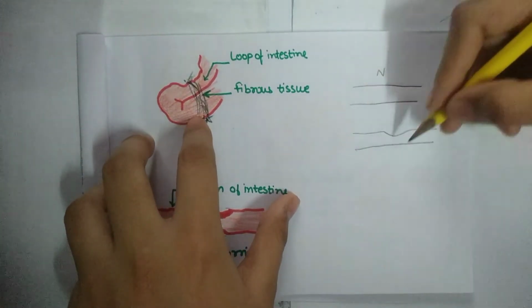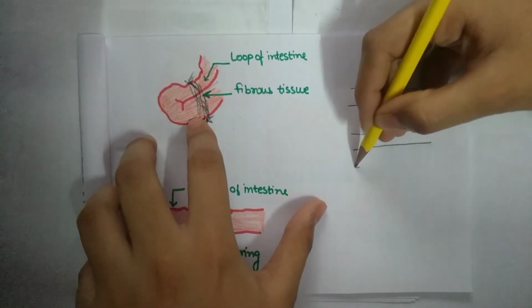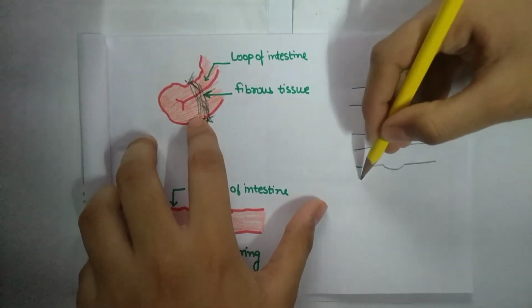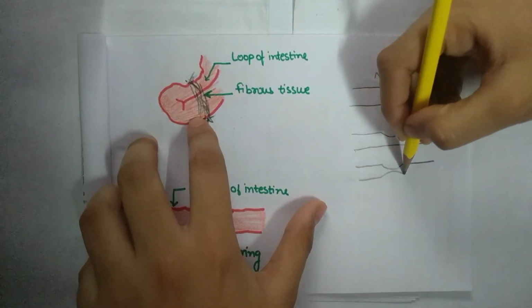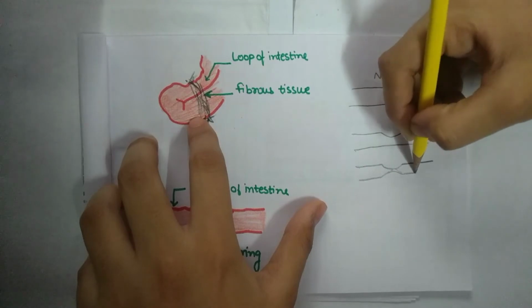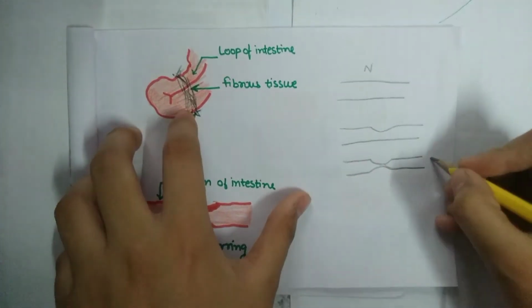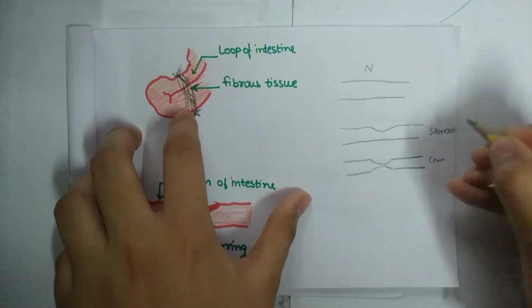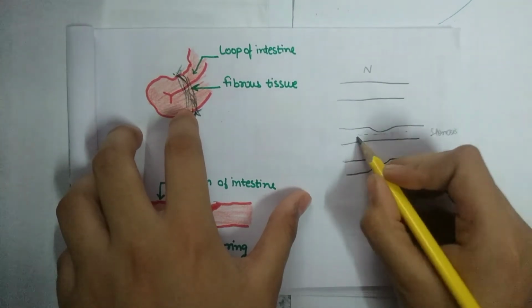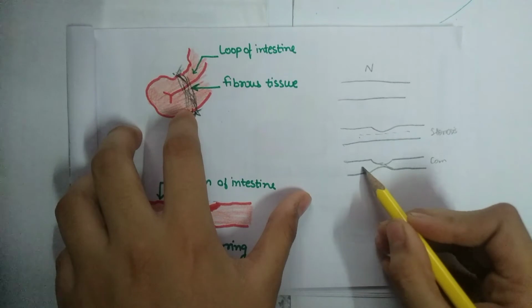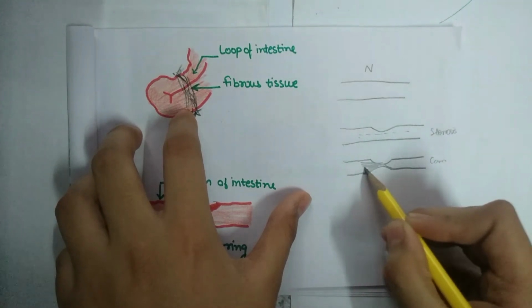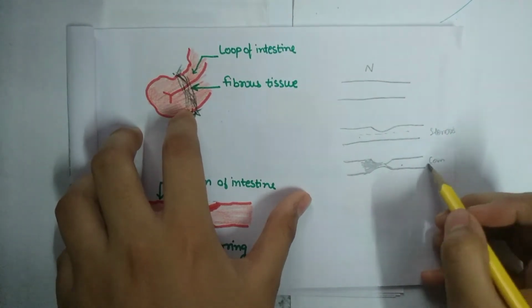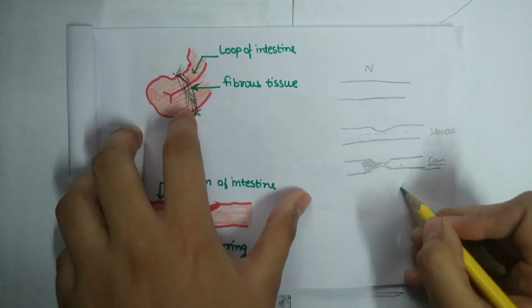If we talk about complete obstruction, what will it look like? This is complete and this is stenosis, as something can pass from here to here, but nothing can pass from here to here. This is complete obstruction or atresia.